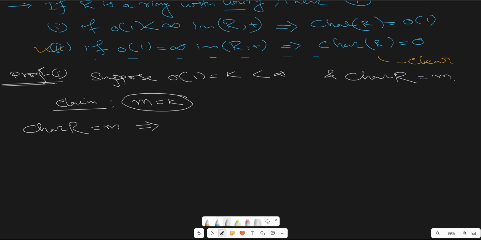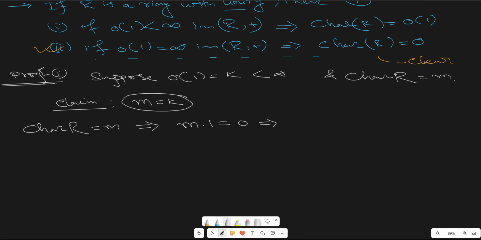This implies that m dot a is 0 for all a, that means in particular m dot 1 is 0. That means m times 1 is 0. So m is an integer for which it is giving you the identity element.